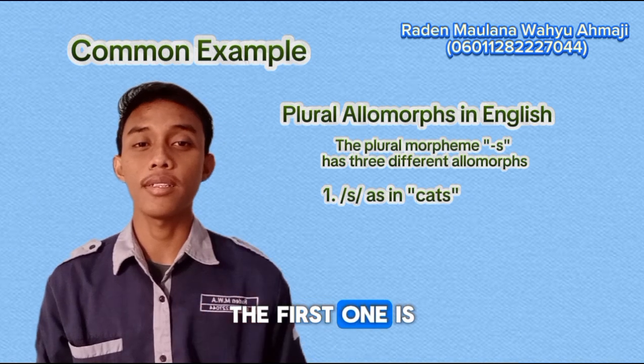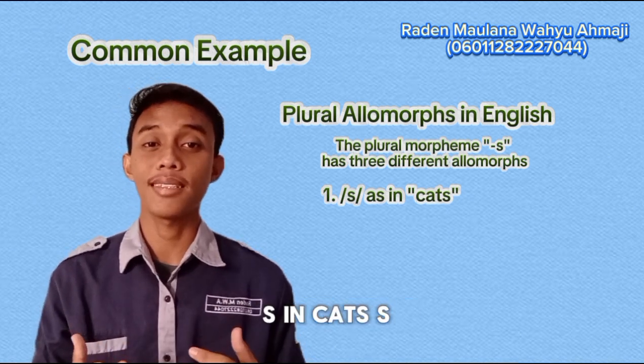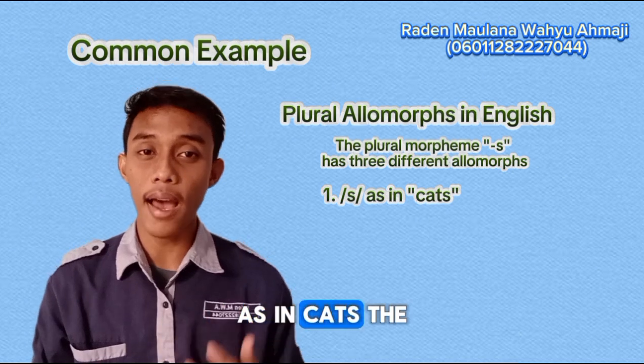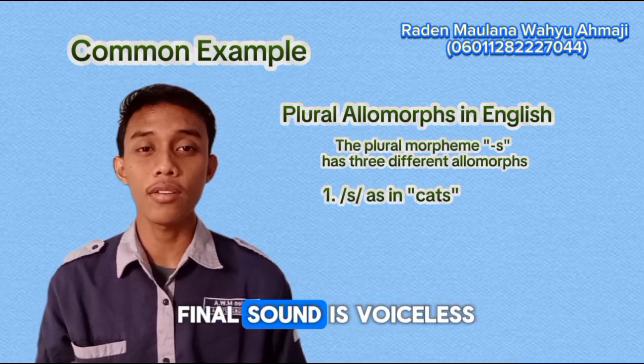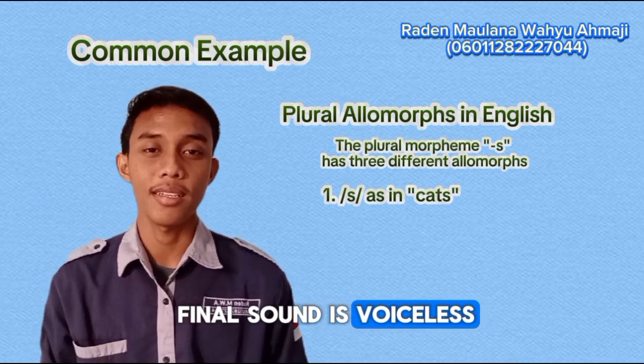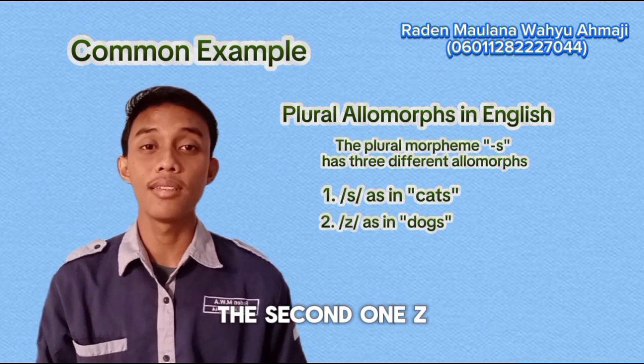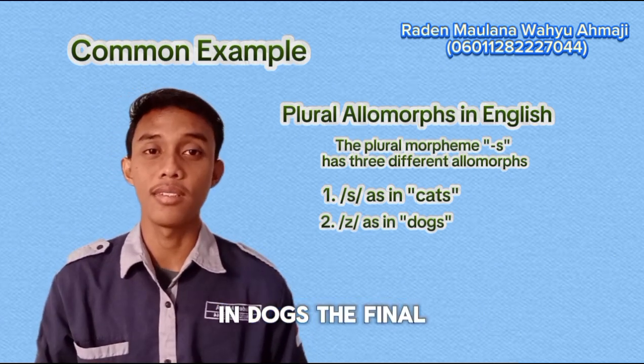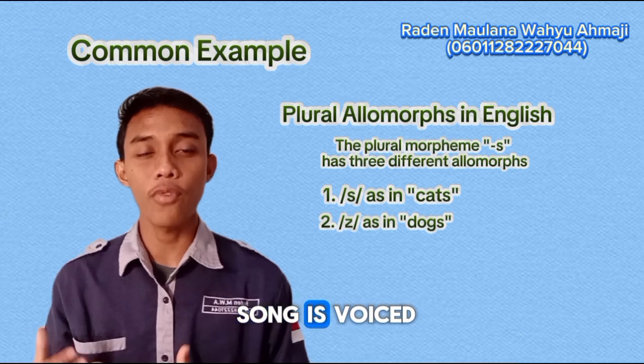The first one is -s, as in cats. The final sound is voiceless. The second one is -z, as in dogs. The final sound is voiced.